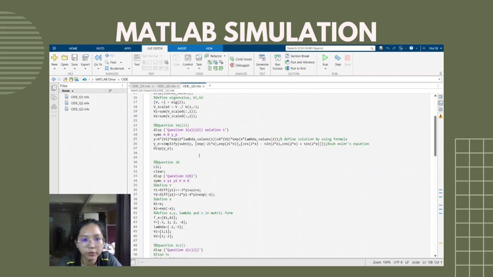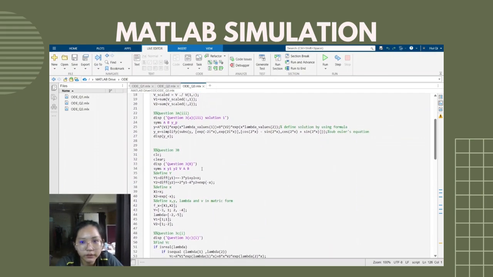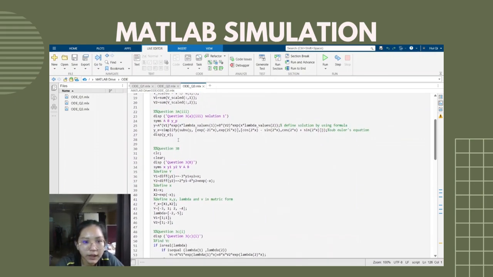And in 3A3, we define the solution by using the formula y, and also we substitute in the equation to display the value of y. And it's not a value but the equation of y.